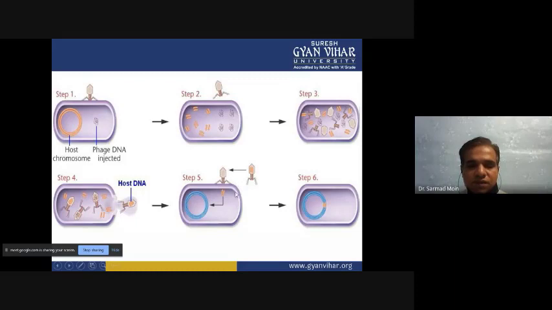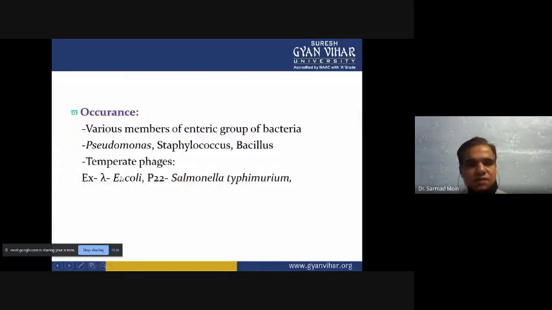When they infect another bacterium, these bacterial genes can be transferred from one bacterium to another with the help of the bacteriophage. This is the method by which the bacteriophage is used for transferring genes from one bacterium to another.